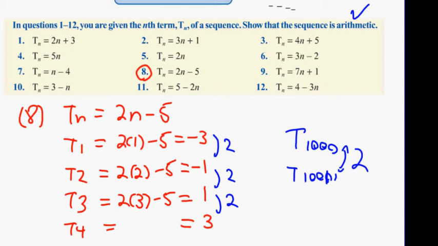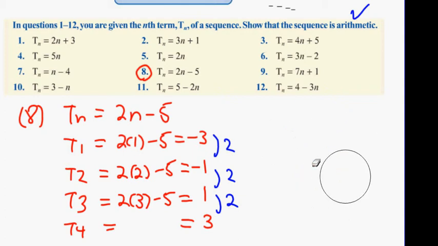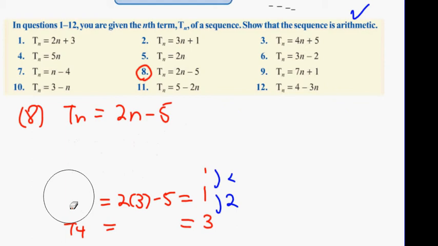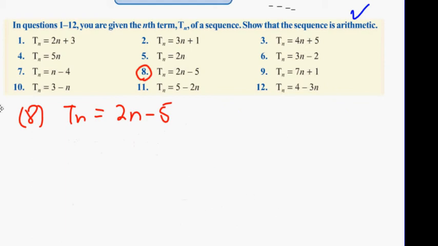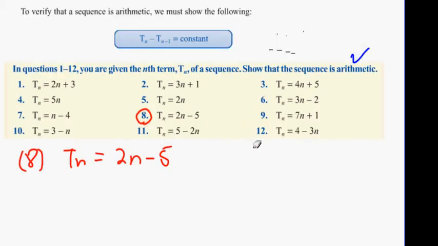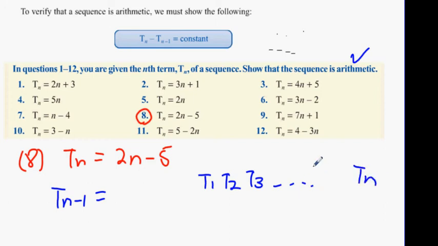Now, here's what we're going to do. The way to do this formally is you do Tn and Tn plus 1, or say Tn minus 1, is what they're going to do. So, Tn and Tn minus 1. Does everybody understand that the number that comes before Tn, if I do T1, T2, T3 and keep going up, is n minus 1?